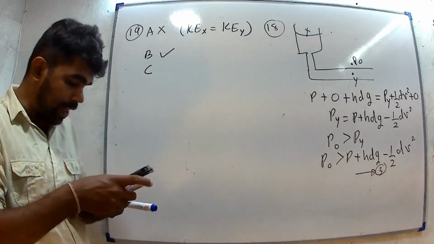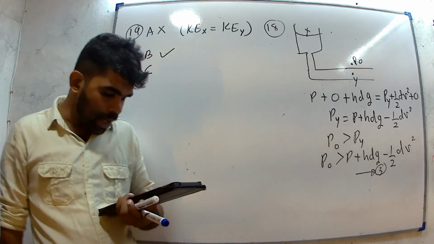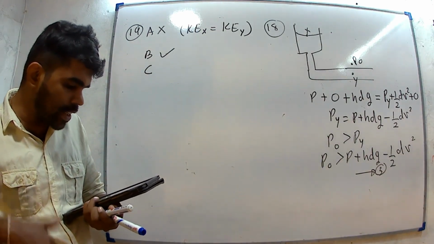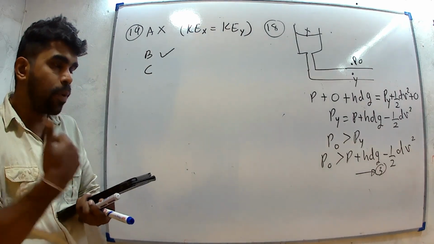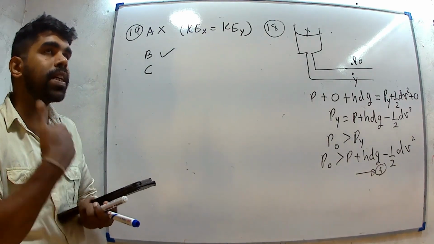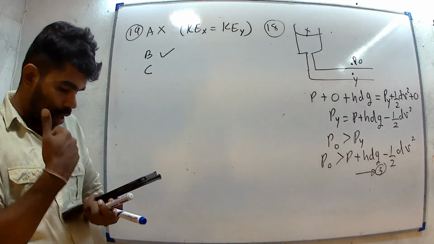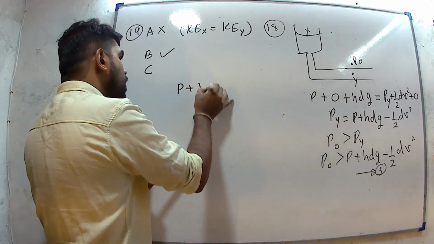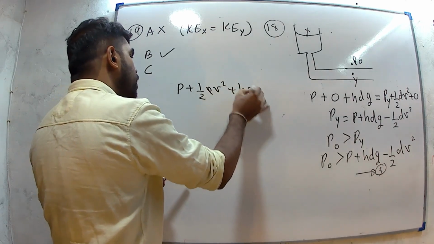But when considering points x and z, for the point z, potential energy is a greater value. P plus half rho v squared plus h rho g is constant.